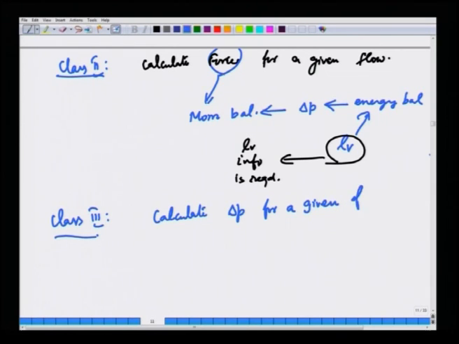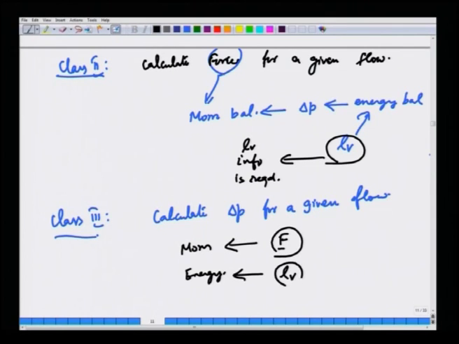You have two options: you could use either the momentum balance or the energy balance. In order to get delta P from the momentum balance you need to know the forces; to calculate delta P from the energy balance you need to know the losses. Depending on whichever information is available, you may be able to calculate delta P from either approach.